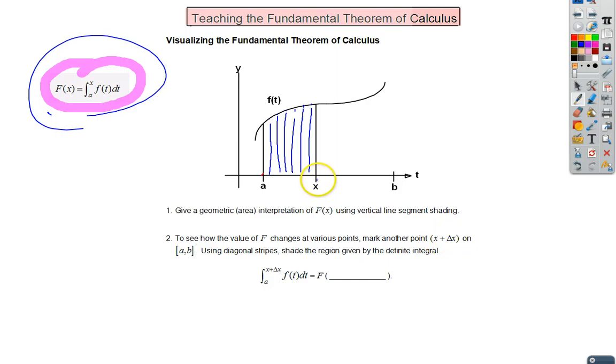So what I'm going to do is I'm going to have some delta x. Let's grab this here. Okay. And here's delta x. There's x plus delta x right here. That little section there is delta x. I'm going to line this up. And then I'm going to do cross or diagonal from a to x plus delta x.